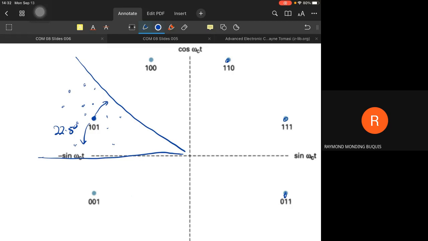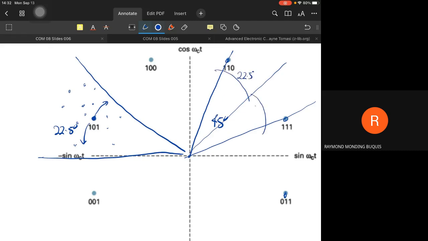The difference from one state to another is 45 degrees, as I said earlier. Half of 45 is 22.5.